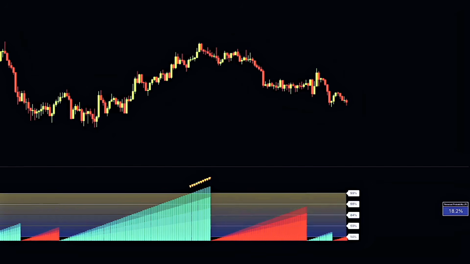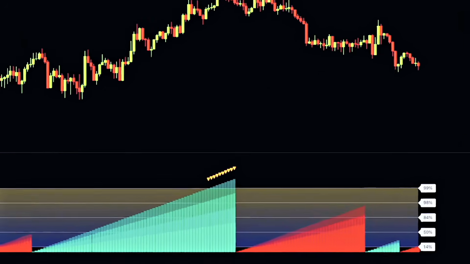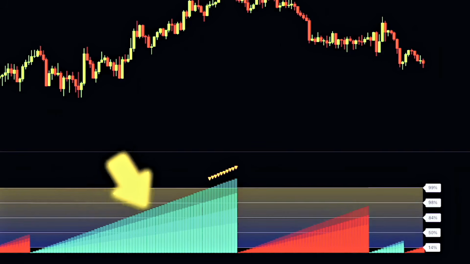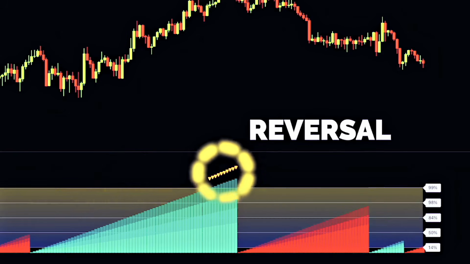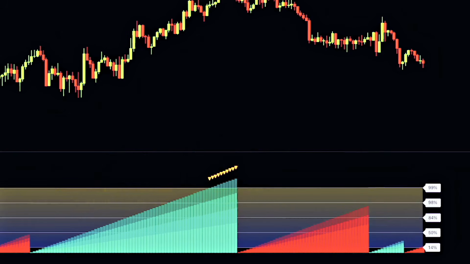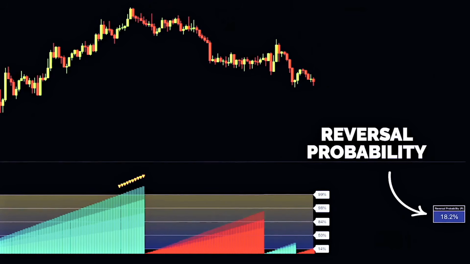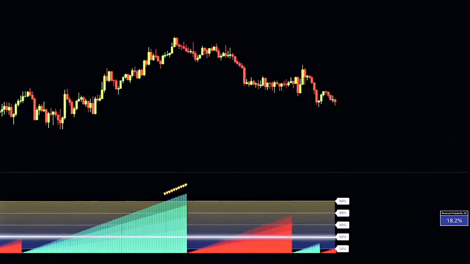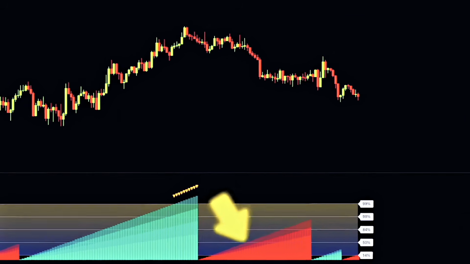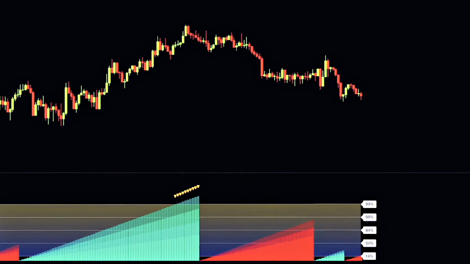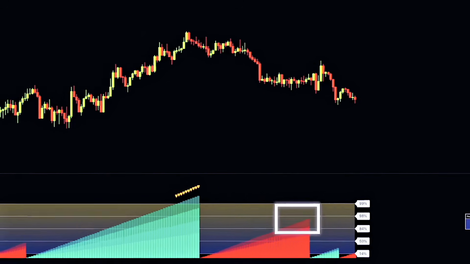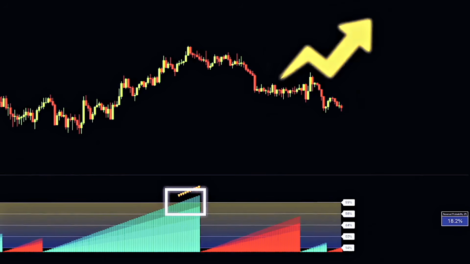Red and green bars rise higher as the trend ages, with intensity signaling the likelihood of a reversal. Deep red bars often suggest a bullish bounce, while bright green indicates a downturn could be coming. It's like a progress bar. The closer it gets to red, the more likely a U-turn.